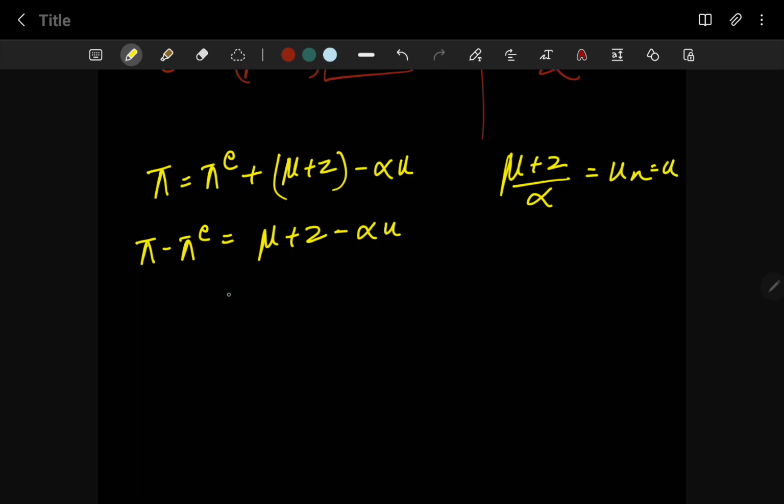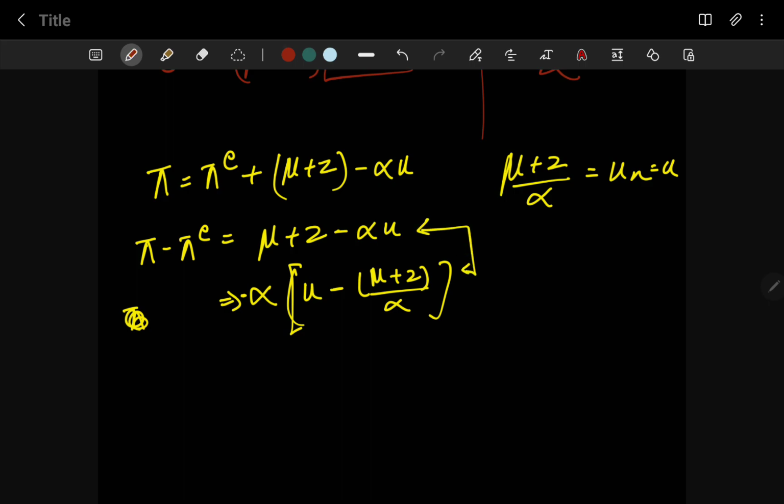Now if I introduce a term minus alpha u minus alpha times mu plus z by alpha. Tell me, is there any difference in these two? Apparently not, because minus minus gives plus, so you'll get alpha times mu plus z by alpha minus alpha u. It's just the same as the above.